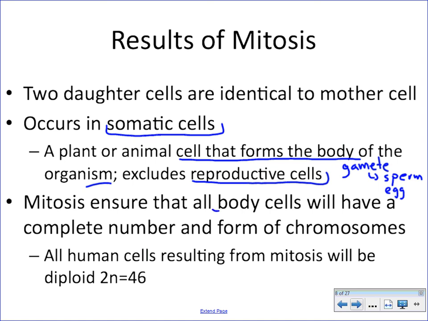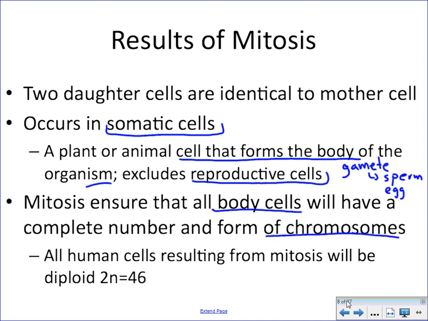Mitosis ensures that all these body cells, all these somatic cells, will have a complete number and form of chromosomes. So in all human cells, the result from mitosis will always be what's referred to as a diploid number of 46.